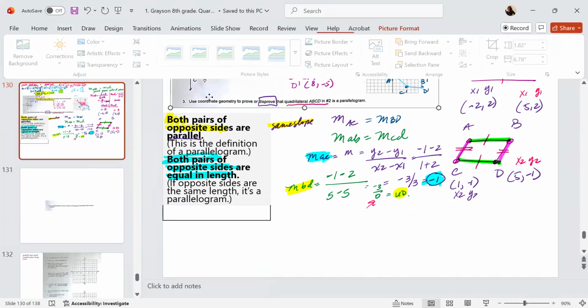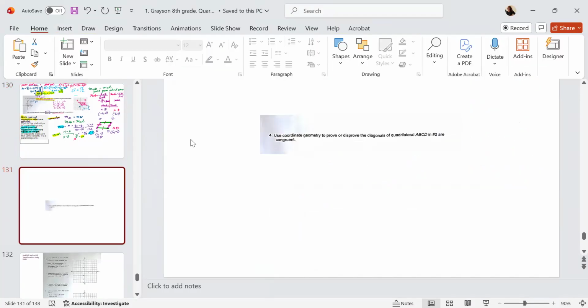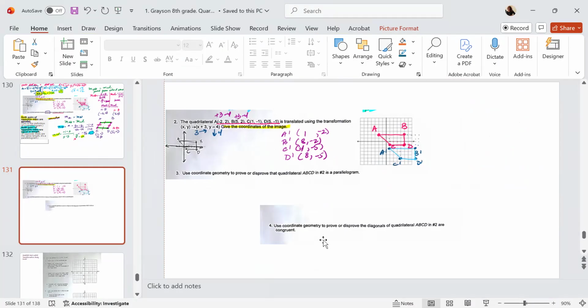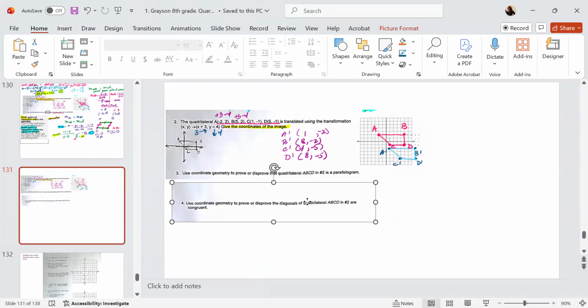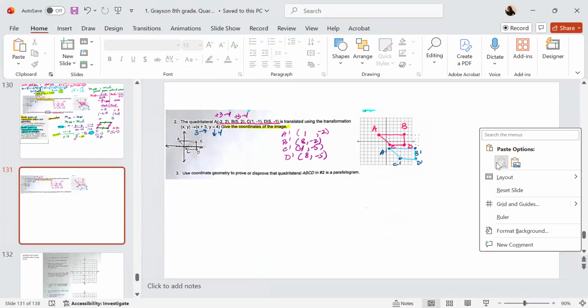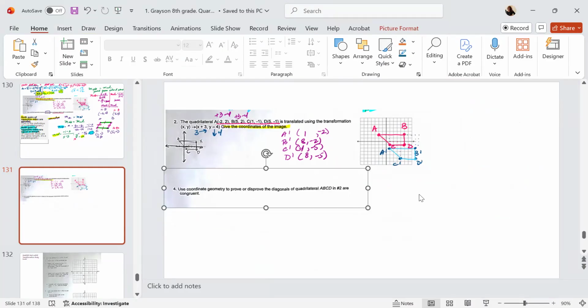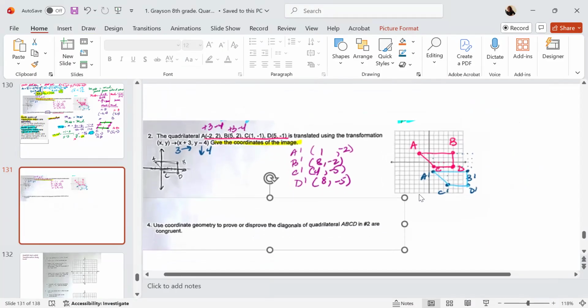ABC has vertices. Number 4. We're not done with the other one yet. Okay. Number 4. Use coordinate geometry to prove or disprove the diagonals of quadrilateral ABCD and number 2 are congruent.